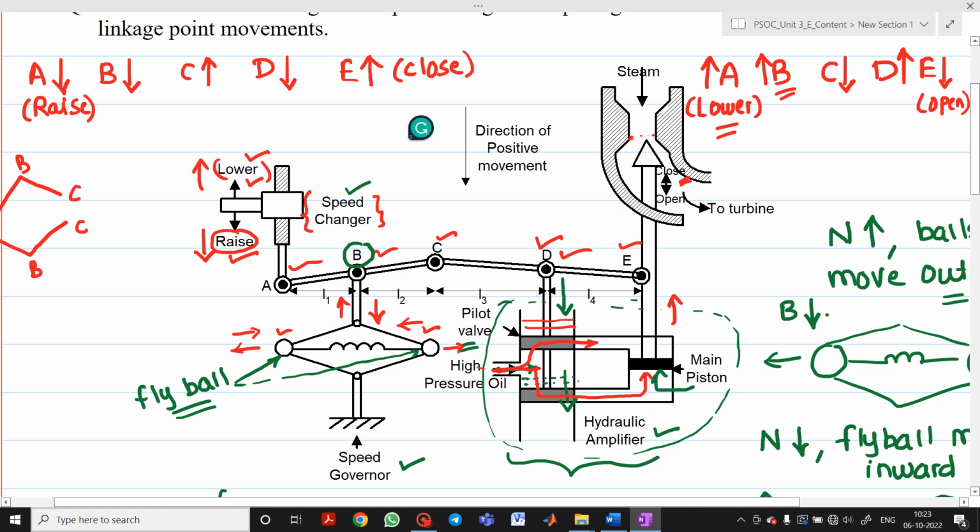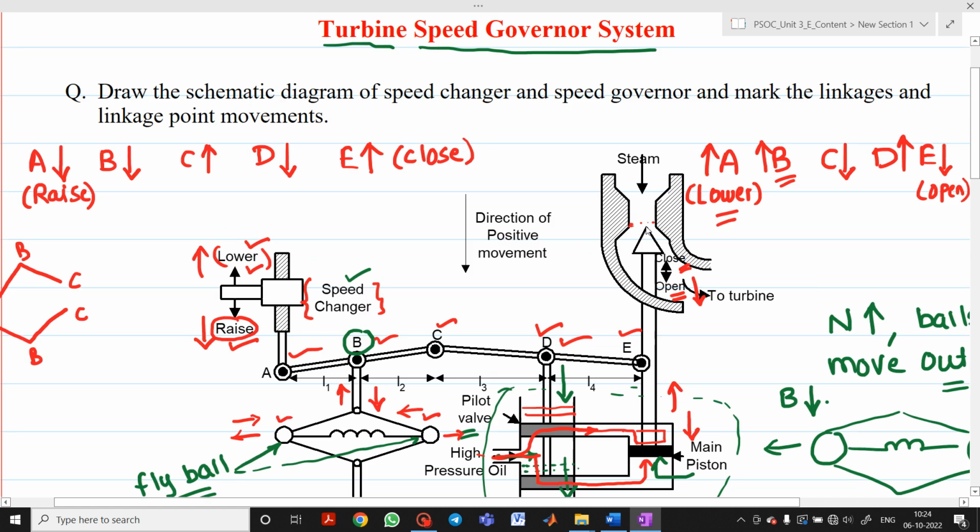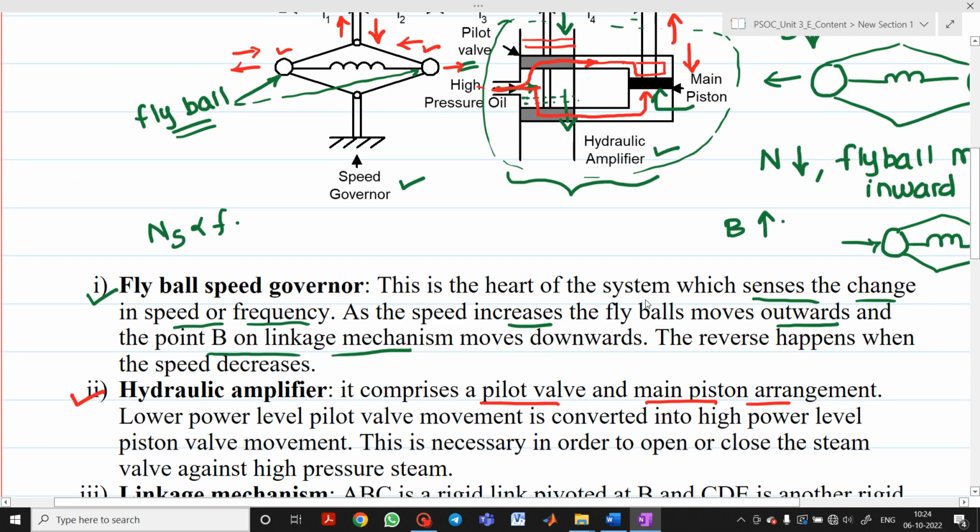Okay, and this high pressure oil will enter from this area and it will be accumulated in this area. So because of that high pressure oil, what happens? Your main piston will move in the downward direction, and as it moves in the downward direction, more gap will be created and a greater amount of steam will be admitted towards the blades of a turbine. So this is what we can call the turbine speed governor system.